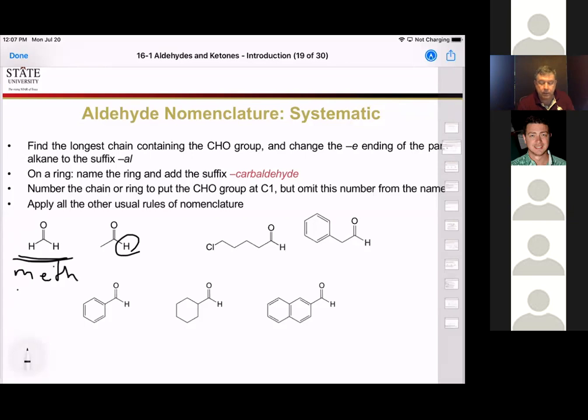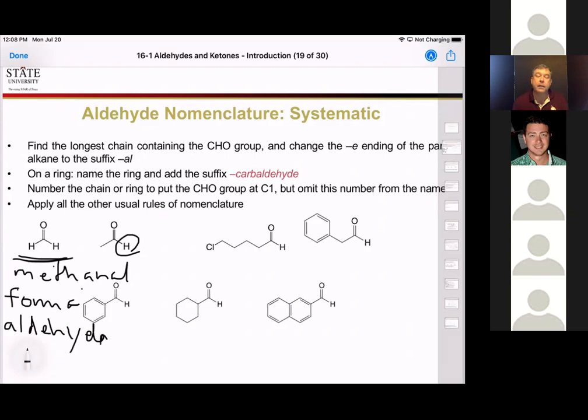Now, we have a common name for this one too. It's so common and used in industry that we actually call it something else. It's called formaldehyde. Aldehyde with a Y right here, formaldehyde.